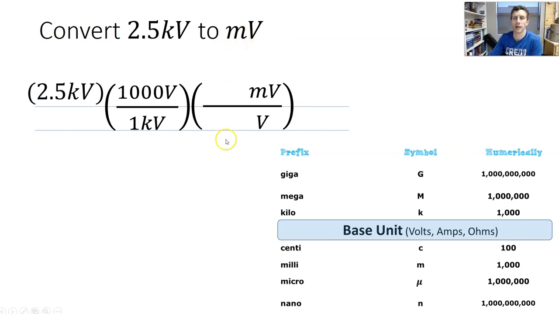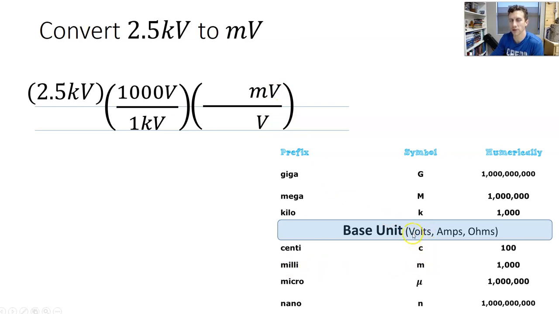Now, the next question is, what numbers do we put in there? Every time, we are comparing them on this chart, which you'll get for the test, and we're thinking, which one is bigger, volts or millivolts? Volts are here, millivolts are here.